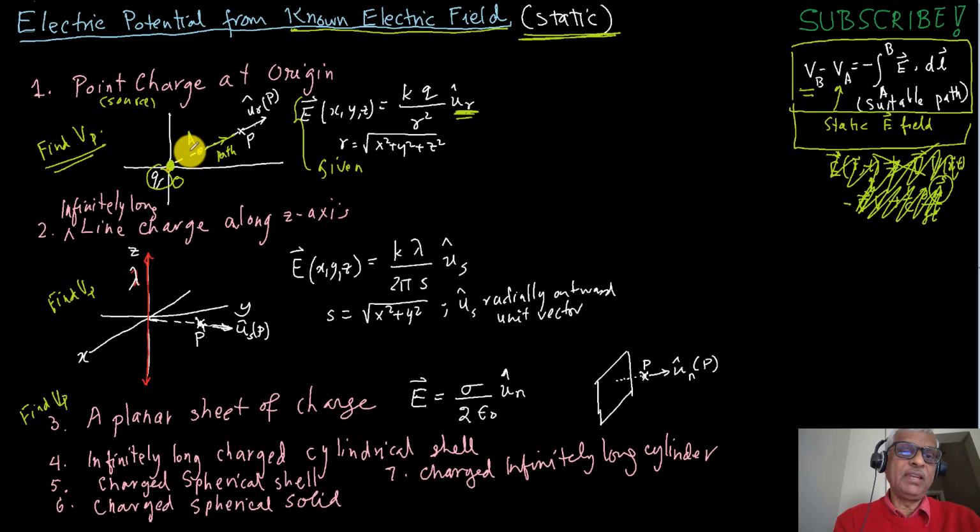I could pick any other point and get there by a path at 90 degrees to that direction, but let's pick for convenience a point along this radial path.